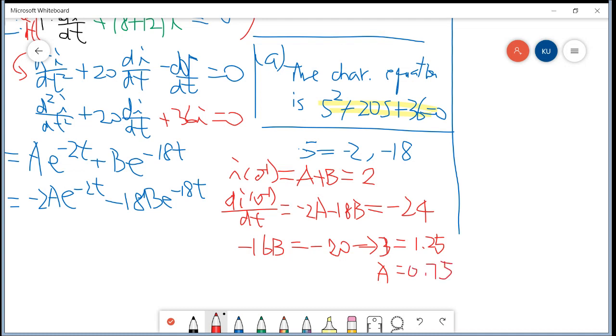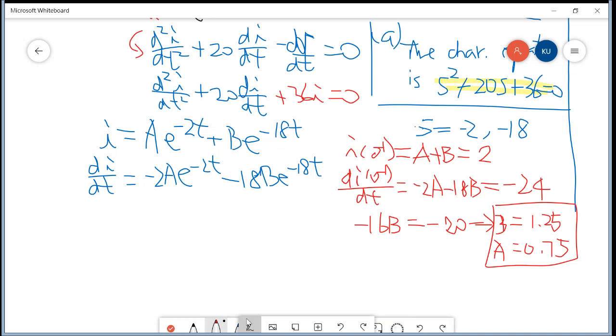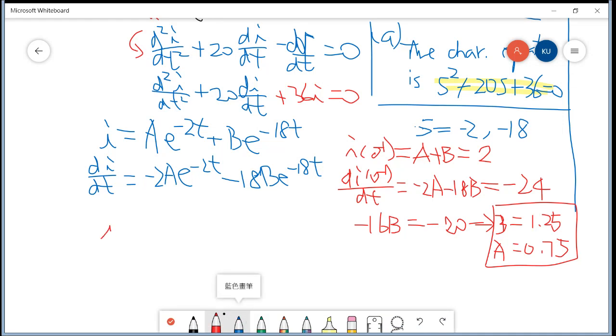So we get a and b, which means that I is 0.75 exponential to minus 2t plus 1.25 exponential to minus 18t.